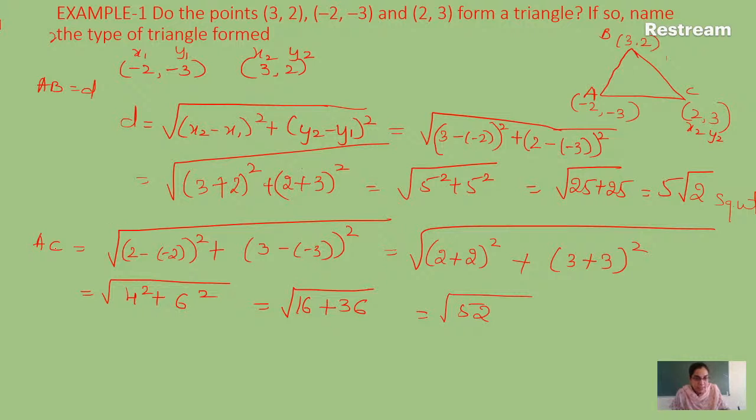Now we got the length AC as root 52. Then similarly we can go for BC. Again for BC, I can directly apply. This time 3, 2 I will take as x1, y1.